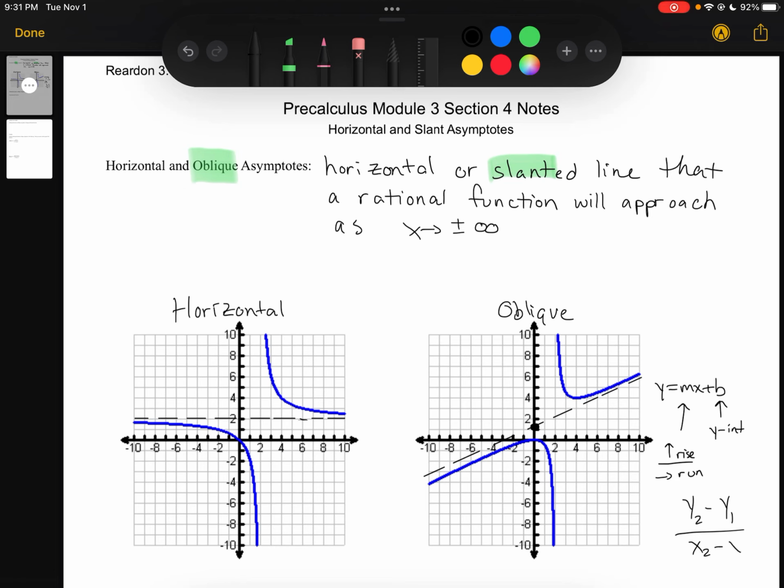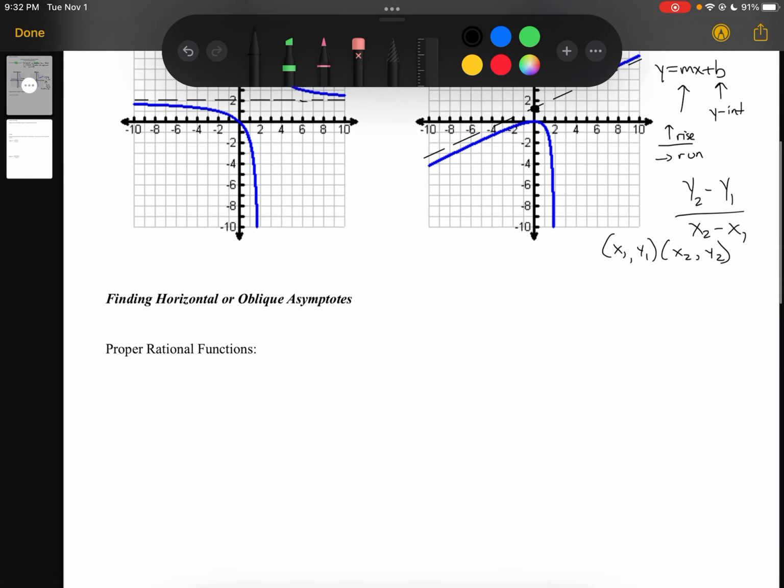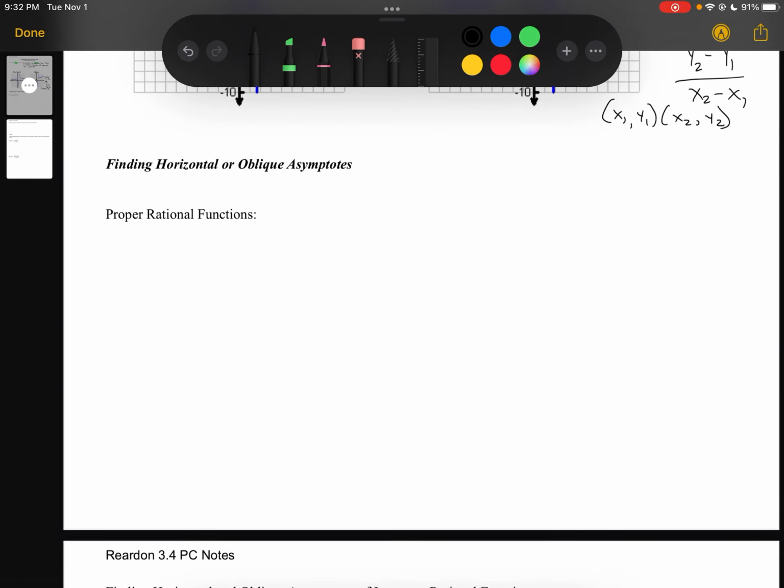And if you need to calculate that, just take a quick refresher on the formula, y2 minus y1 over x2 minus x1 when you have two ordered pairs from the line. So some review there from way back when in terms of actually getting the equation of your line. But the nice thing is we won't really be doing this too much from graphs. We'll be able to use fun methods like synthetic division, and that's going to be able to determine our oblique or our slant asymptotes for us.